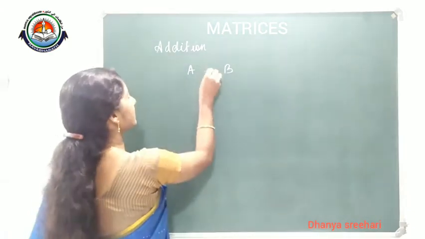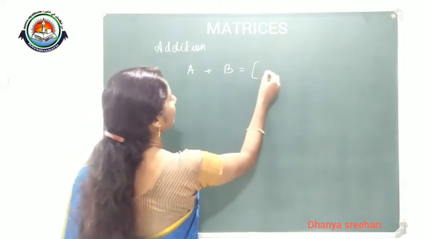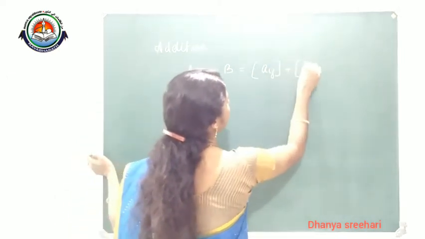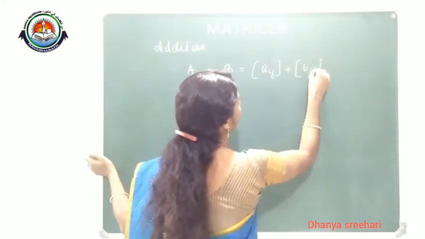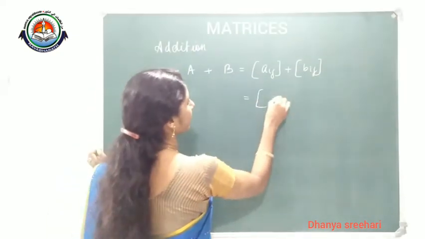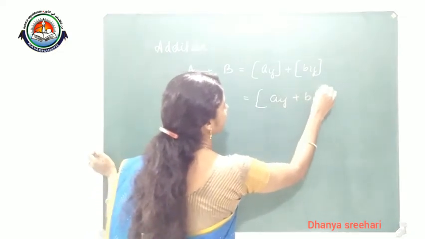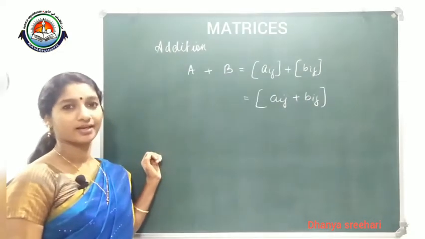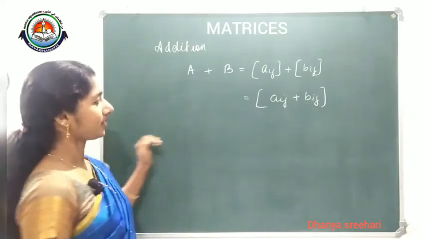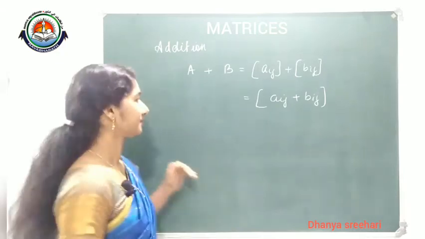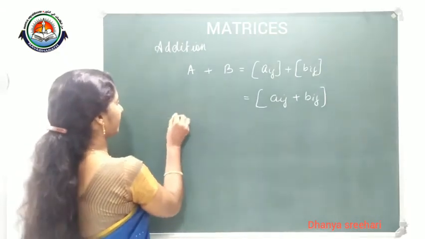A plus B is equal to the matrix [Aij] plus [Bij], which is equal to the matrix [Aij plus Bij]. Clear? It means corresponding elements we are adding. Okay. Then one example.